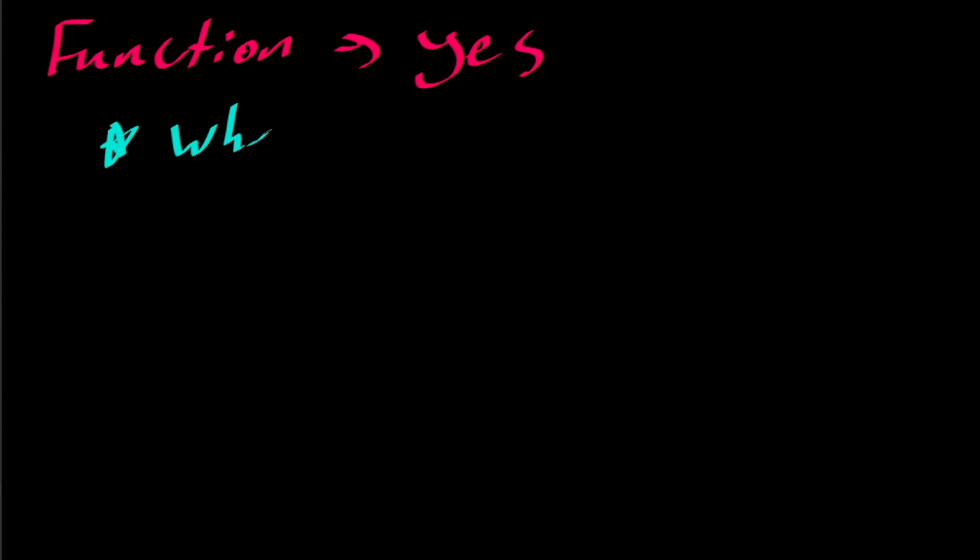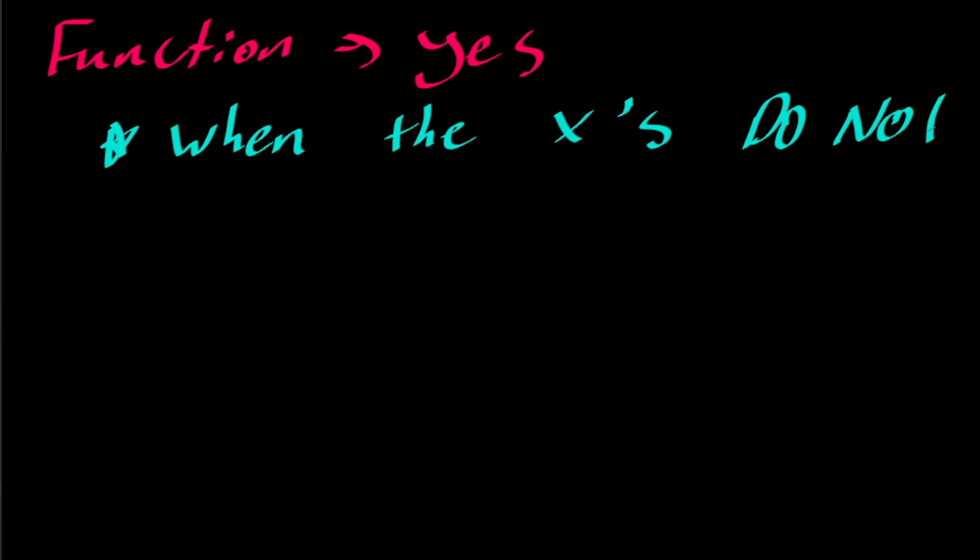I would write this down: a function happens, we'll say yes, it is a function, on the condition that the x's do not repeat. Basically, here's what can't happen. For something to be a function, the x values can't be used more than once.